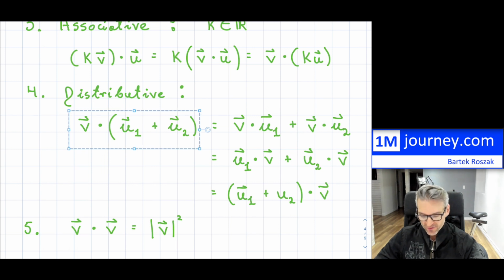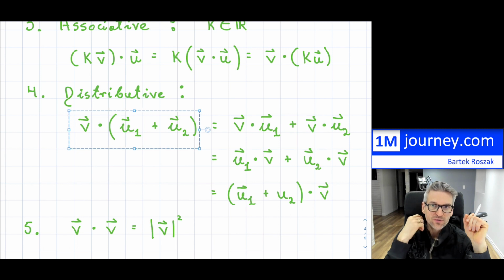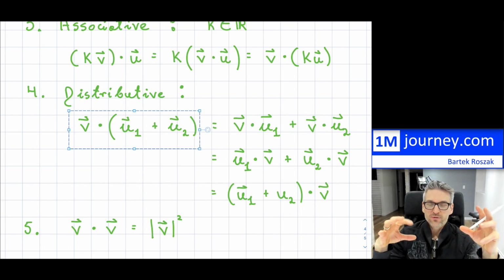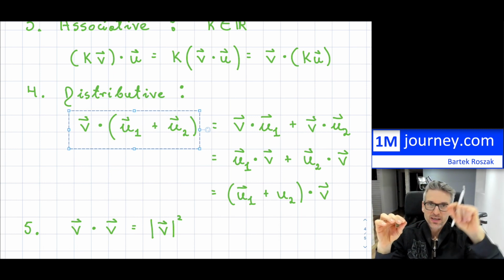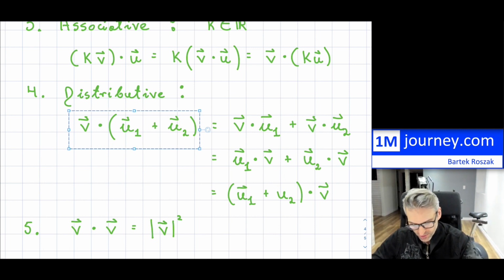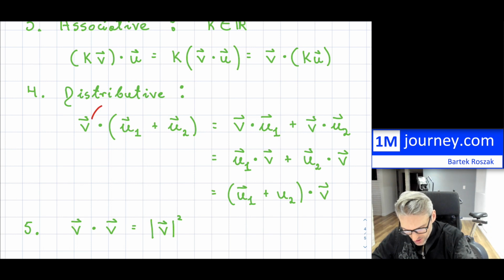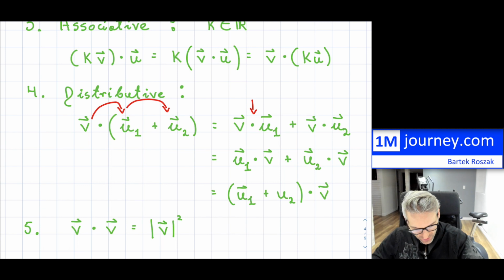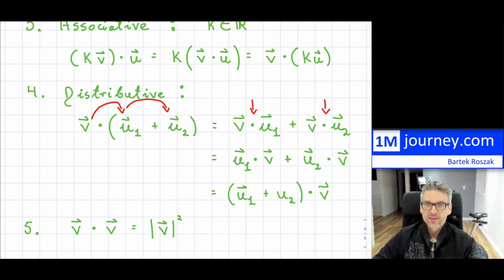And what we have in here very much looks like the distribution you would do for some kind of polynomials, and this just simply means multiplication. So this distributive property looks like it's acting like multiplication, where we can bring this inside of the bracket and then do the dot product with each particular vector.